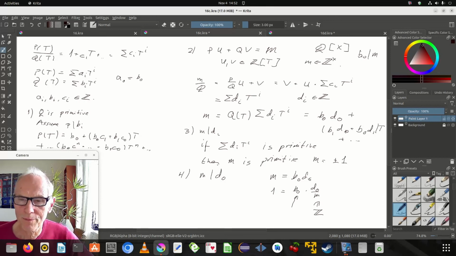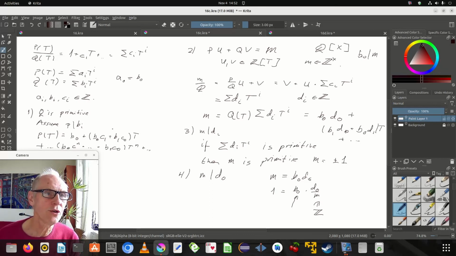All right. And that means that when we extend p and q, we end up with having to do nothing, and that means that the original coefficients are integers.